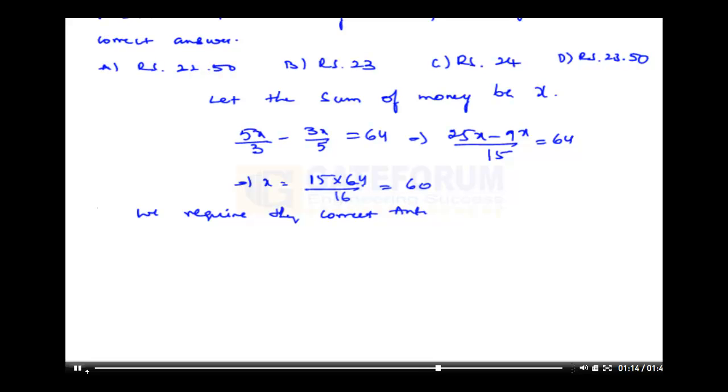But the correct is 3x by 5, nothing but 3 into 60 by 5. So we get the answer: 5 12s are 60, so 3 12s is nothing but 36. But if you observe the answer, it was not mentioned in the options. So the answer is going to be 36 only.